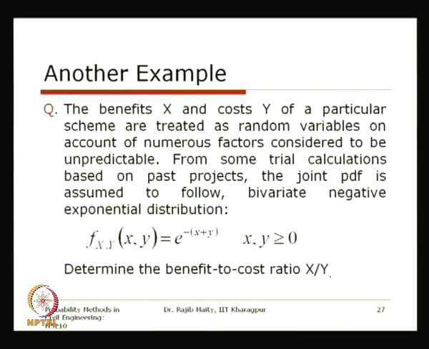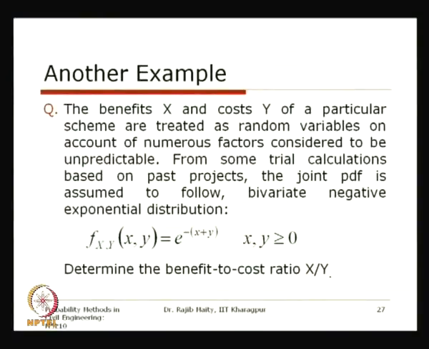Now, let us take one problem where the random variables are continuous and we know their joint distribution, and we want to know the distribution of another random variable which is a function of the original random variables. One such example is the cost benefit ratio of a civil engineering project.